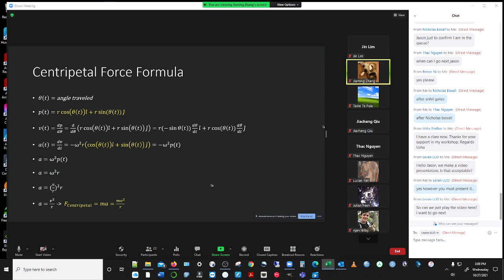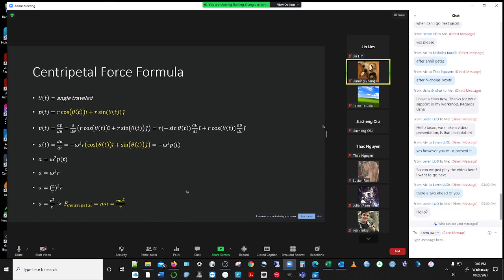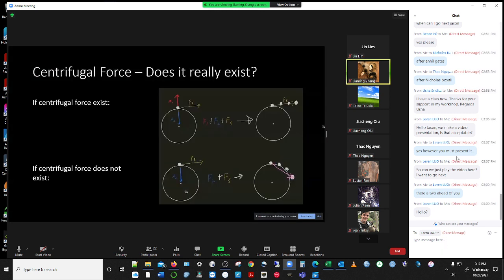We can find that part of the acceleration function is the same as the position function. By using this relationship, we can get the general function of the centripetal acceleration, which is velocity squared divided by r. And then by applying Newton's second law, we can get the general function of centripetal force, which is the mass times velocity squared divided by r.